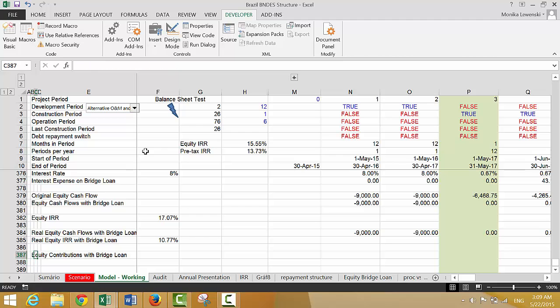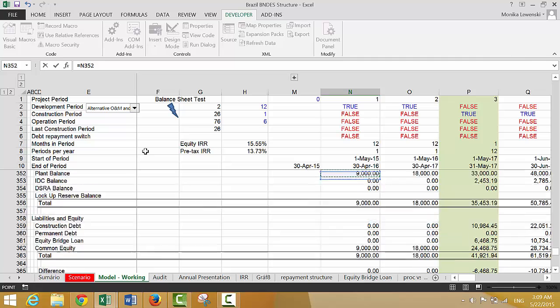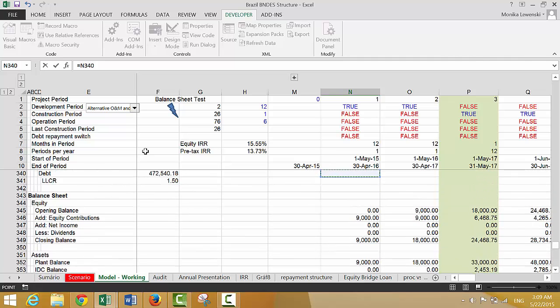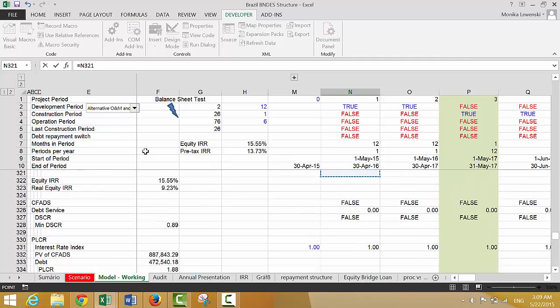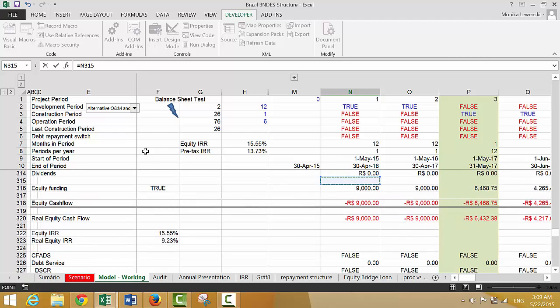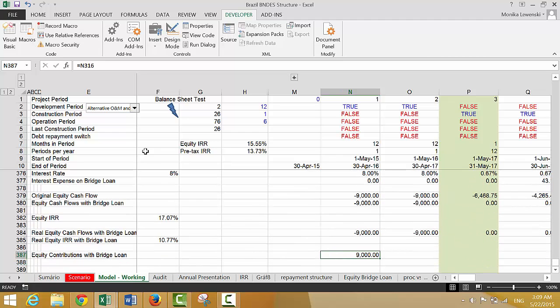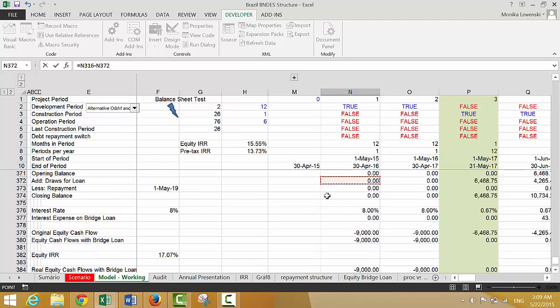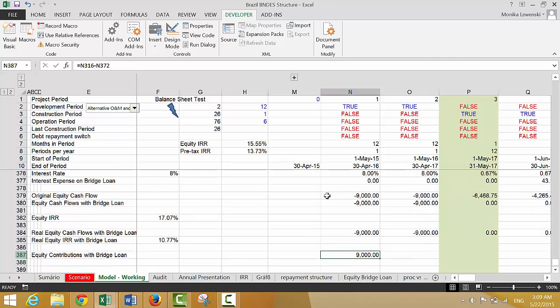Okay, and so we take our original equity contributions, which are right here, and then we subtract any amount we've drawn on the equity bridge loan.